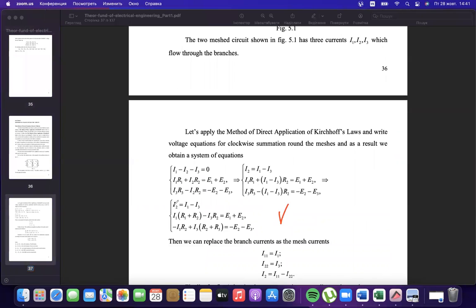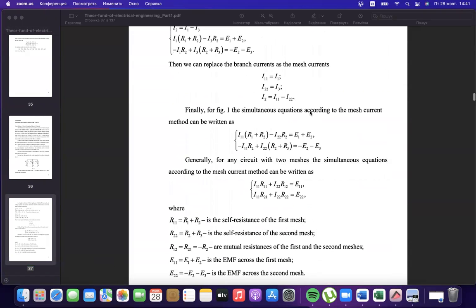Here it is, in volts: mesh current times the resistivity equals electromotive force. All equations are written in volts.